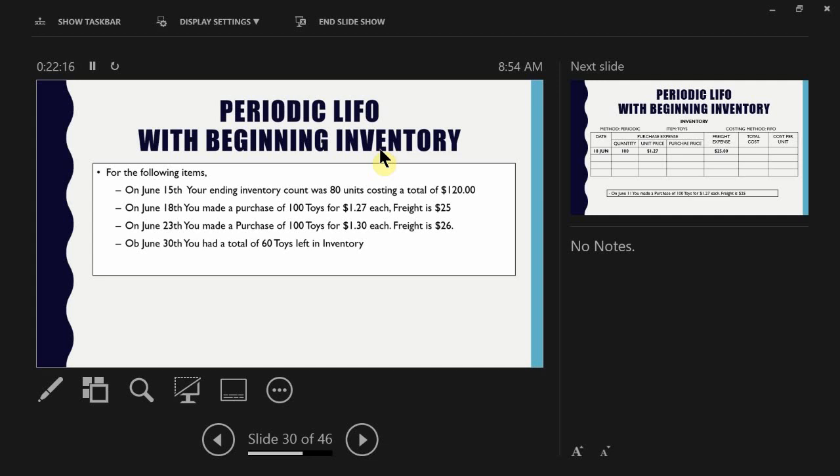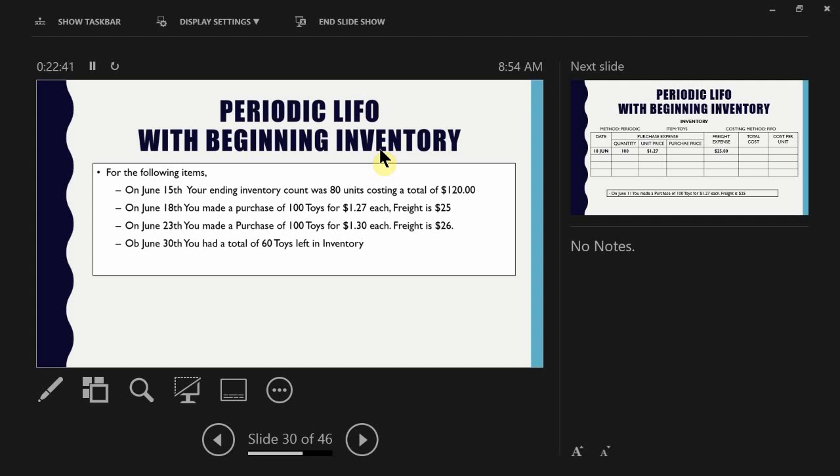Now, this part is going to be slightly different, because when we transfer our beginning inventory into a last in, first out scenario, we need to understand that it is pretty much our first batch that we have in our inventory.